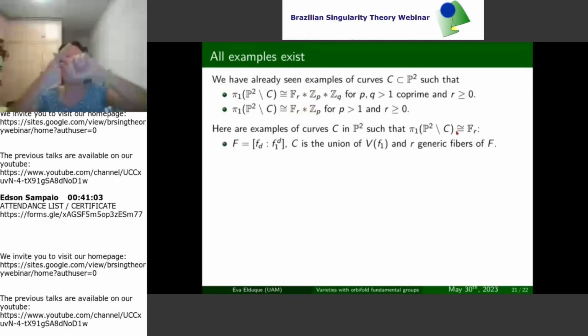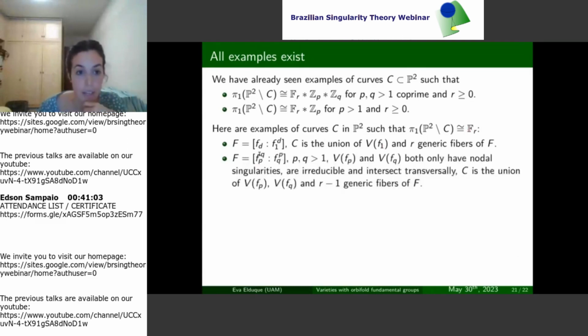For example, a bunch of lines going through a point has free fundamental groups. But if we want something a bit more complicated, then you can have a degree D polynomial and a line of multiplicity D, get a pencil, and if you take your line so as to get trivial fundamental group, and R generic fibers, each of them is going to contribute a free factor of Z, the integers, then your fundamental group is going to be this.